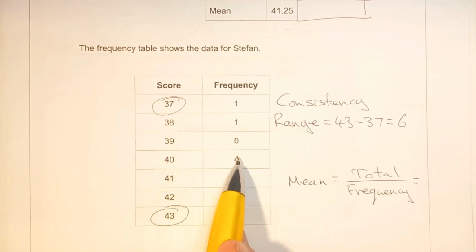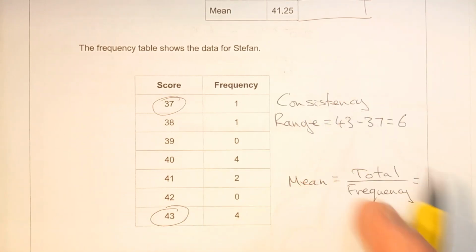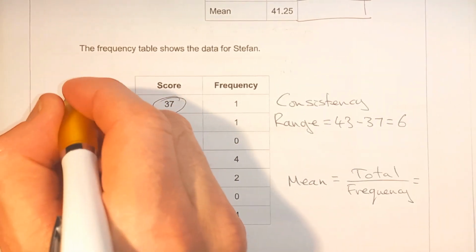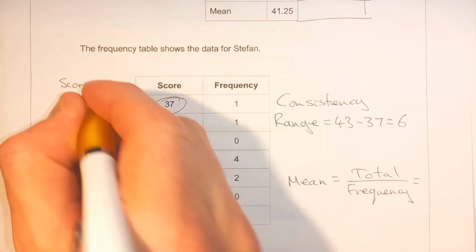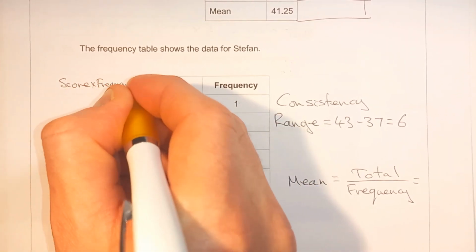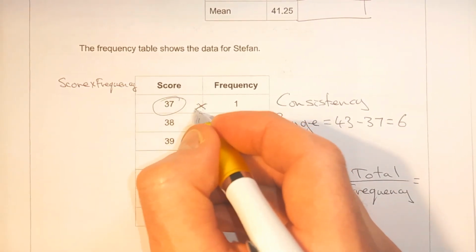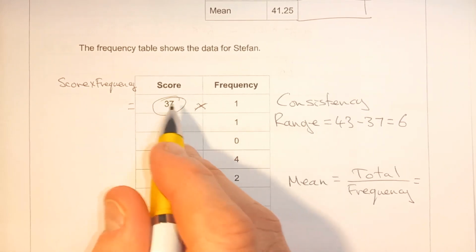And 40 happened 4 times, so we want 4 times this number. So actually what we want, normally I'd do it on the right, but I've written this here now. So we're going to do an extra column, which is score times frequency. Okay, so we're sort of doing right to left.